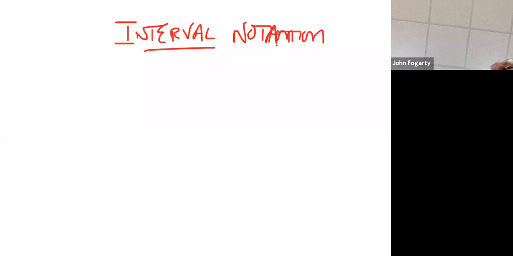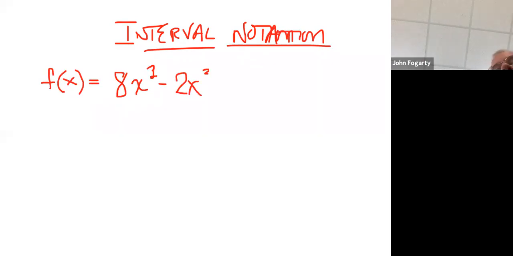So here's our picture, f of x equals 8x to the third minus 2x squared plus 12.